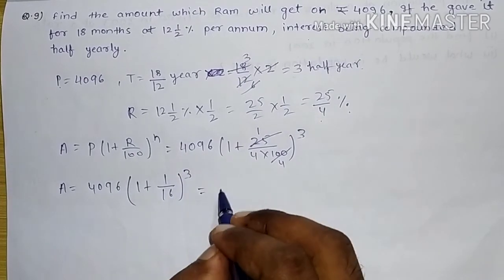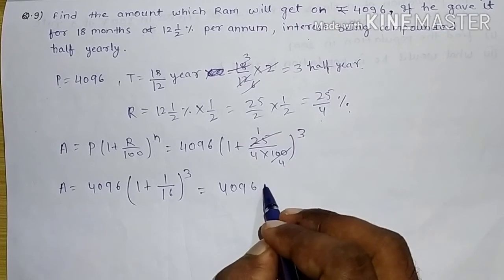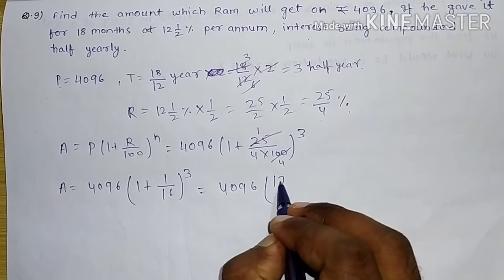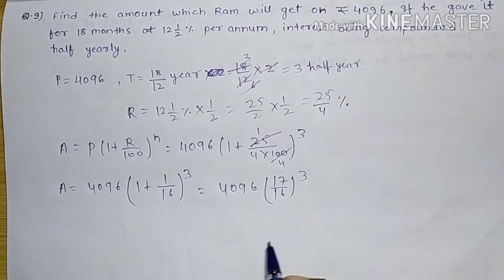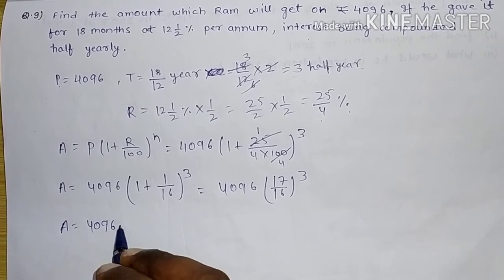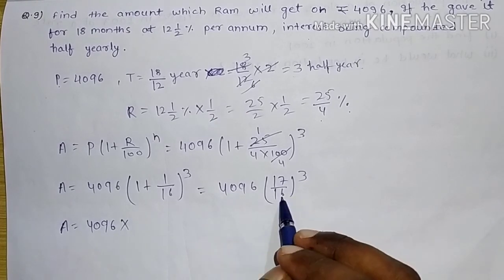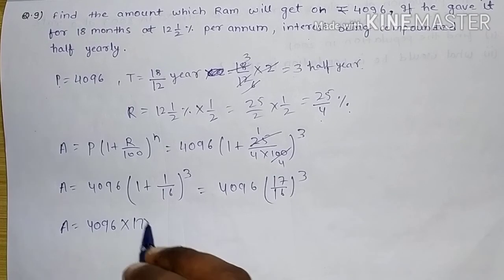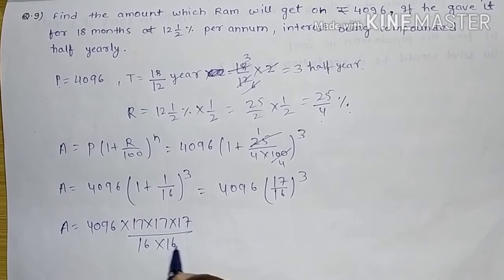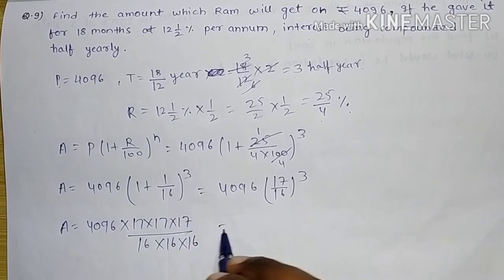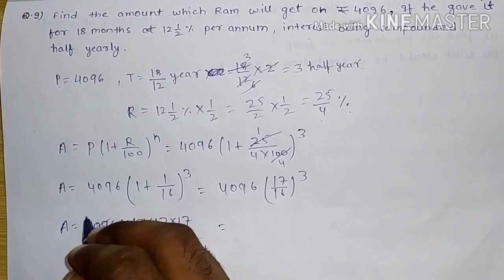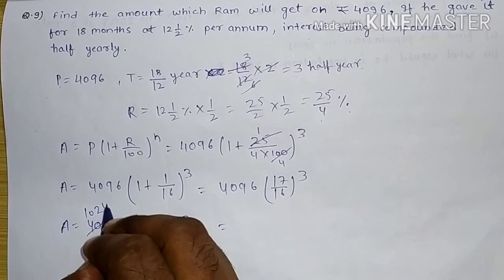This equals 4096, 16 into 1 is 16 plus 1, that is 17 upon 16, to the power 3. So 4096 multiplied by 17 by 16 whole cubed, that means 17 is multiplied 3 times and 16 is also multiplied 3 times. So just simplify it: 4 4s are 16, 4 1s are 4, 4 2s are 8, 4 4s are 16.